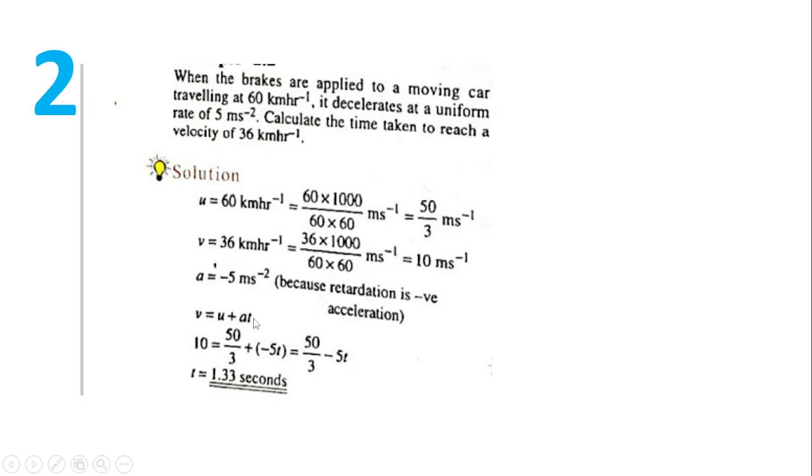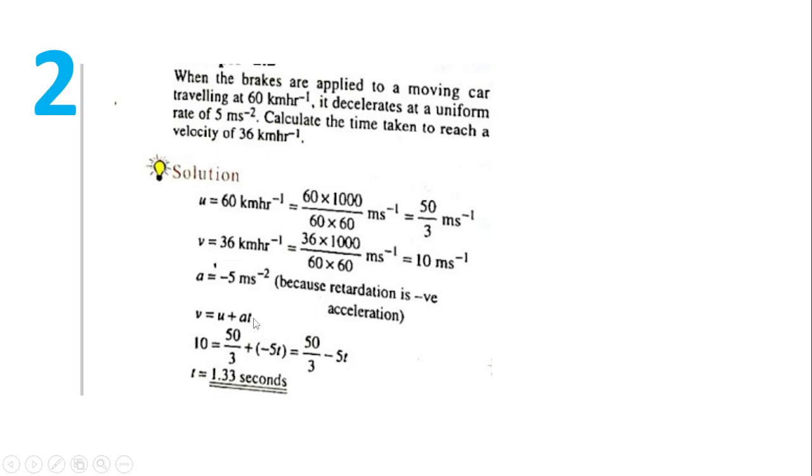Based on the data given, the car accelerates uniformly at a rate of 10 meters per second square, from an initial velocity of 36 kilometers per hour, which needs to be converted to a value in meters per second, for 30 seconds.